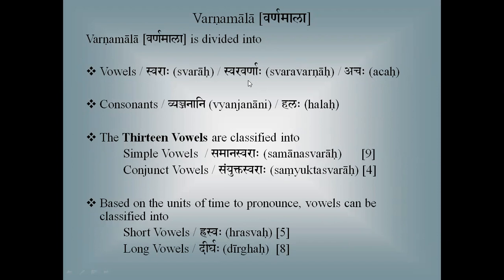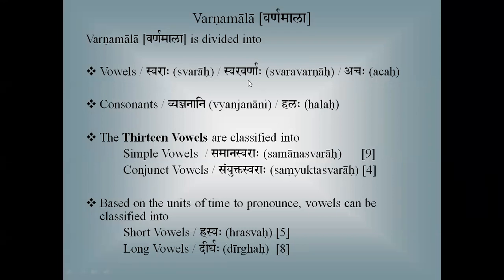And there is a word for denoting the vowel which takes more than 2 units of time. That is Pluta, which takes more than 2 units of time. There is a shloka which we saw. Ekamatro bhaved hrasvaha, dvimatro dirgha uchyate, trimatrastu pluto neyaha, vyanjanam cha ardhamatrakam. Short vowels take 1 unit of time.